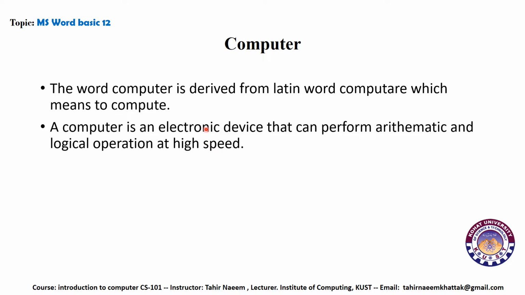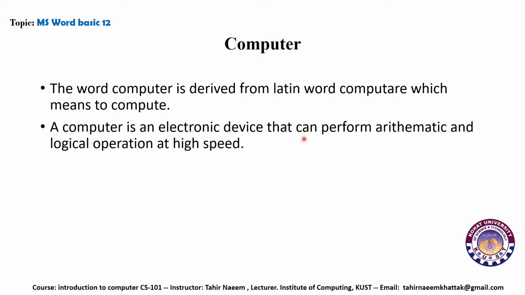Nowadays, anything that performs arithmetic or logical operations at very fast speed is called a computer. So what are arithmetic and logical operations? Operations are the jobs or tasks performed by the computer.